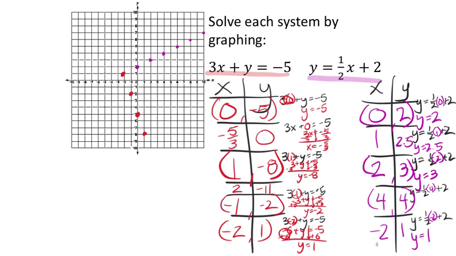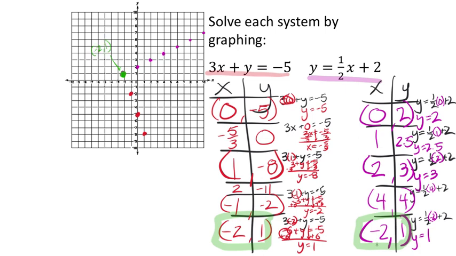Okay, so negative 2, 1. We've seen that before, actually, with the red ordered pair. We can see it right there, negative 2, 1. Now on the purple graph, I have negative 2, 1 also, which would give me this ordered pair, which I've already put in red. Okay, so this is my intersecting point at, it appears, negative 2, 1.